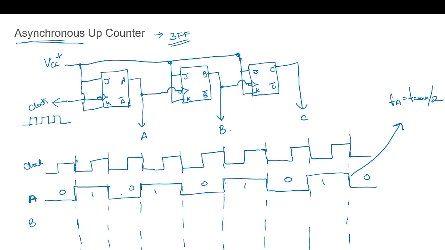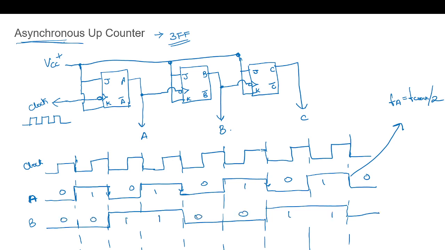So this will be the negative edge for B. So it will be 0 0, then 1 1, 0 0, then 1 1, then 0 0. Now if we observe the frequency, FB will be F clock by 4.